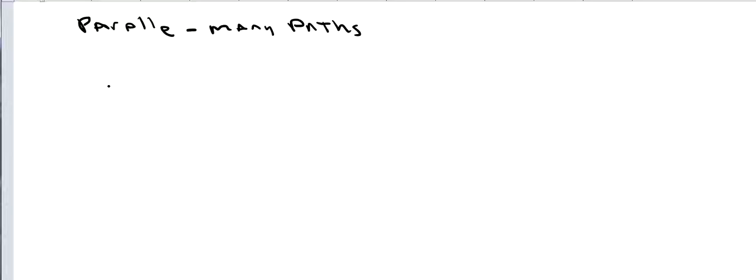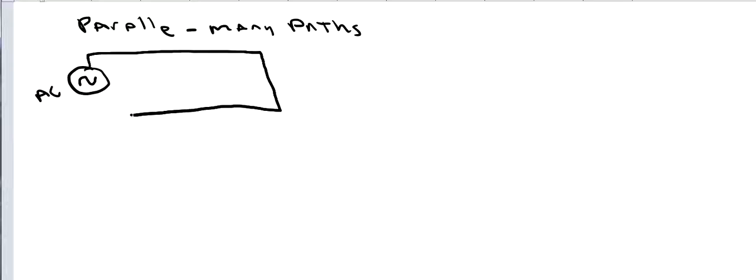And let me draw that right now. This time we're going to use the symbol for AC, which is a sine wave, as our power source, and a simple parallel circuit here with multiple paths.